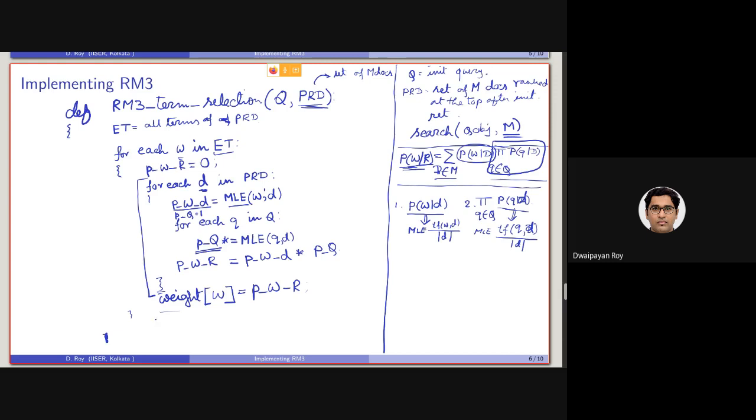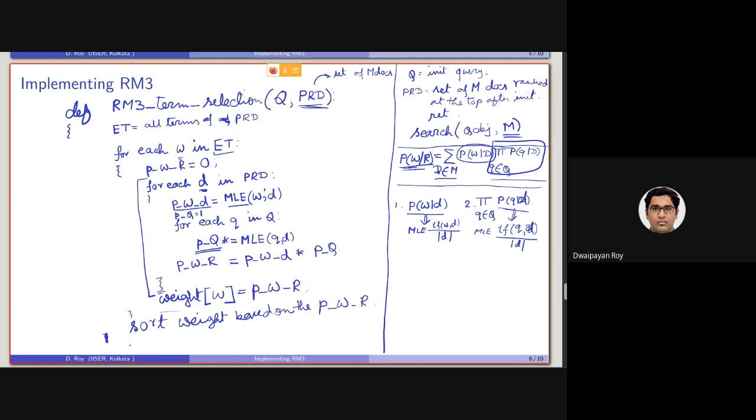Okay. Now, what we need to do is sort this weight dictionary. In order to sort them, we need to convert it into a list, then it is easier to sort. So we sort the weights based on this probability, P(W|R).